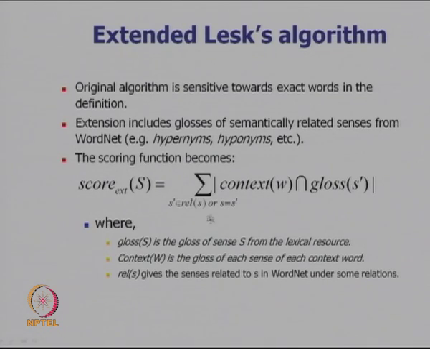Okay. So, get all those words in those senses which are related to S or are equal to S, where gloss S is the gloss of the sense S from the lexical resource, context W is the gloss of each sense of each context word, and rel S gives the senses related to S in the WordNet under some relations.